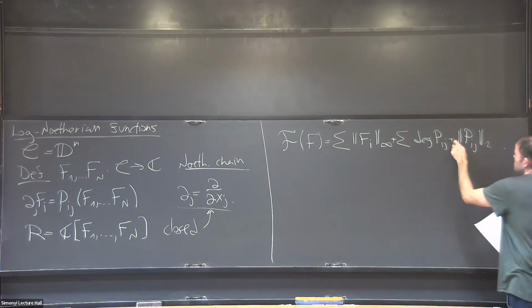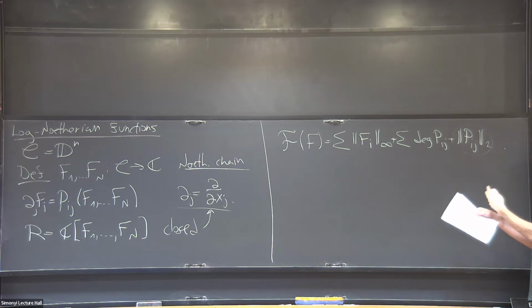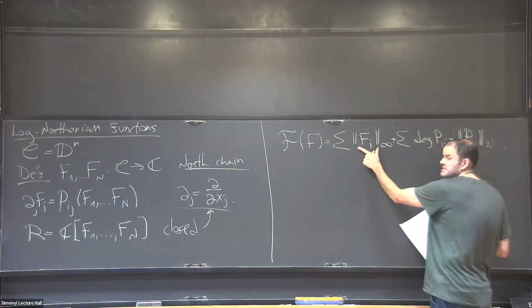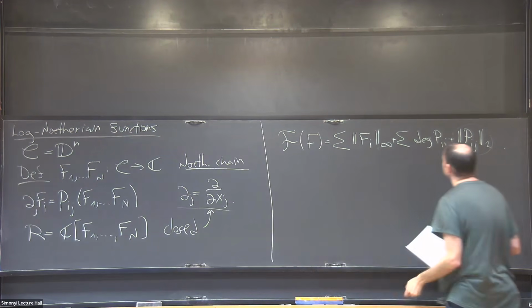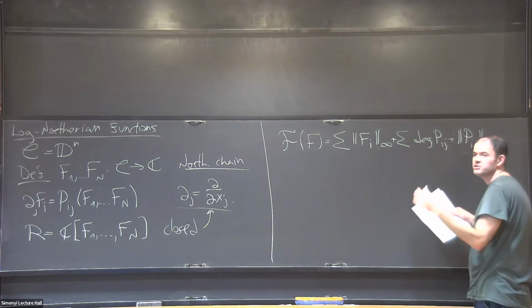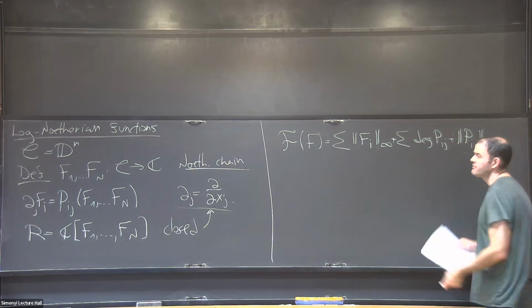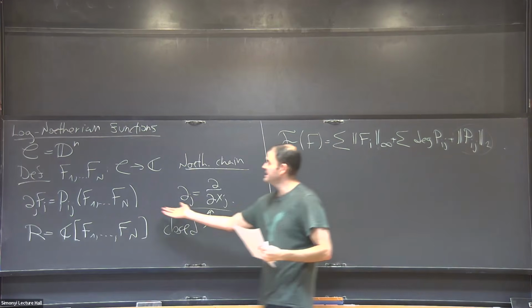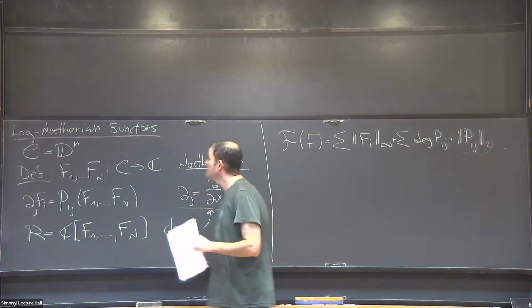I just mean the norms of all the coefficients as polynomials. Here I mean the actual maximum of all these functions, and here the degrees. So this measures everything about the data that defines the functions.